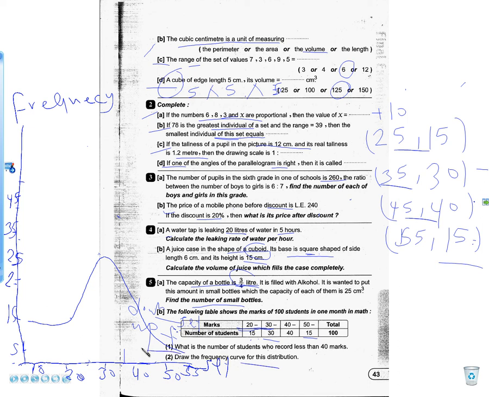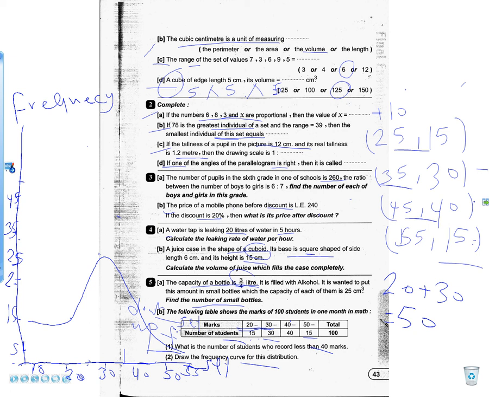And we have number one. We get number one through the schedule we have on the screen. What is the number of students who record less than 40? Less than 40, here 40. What is less than 40? 20 plus 30, they are 50.